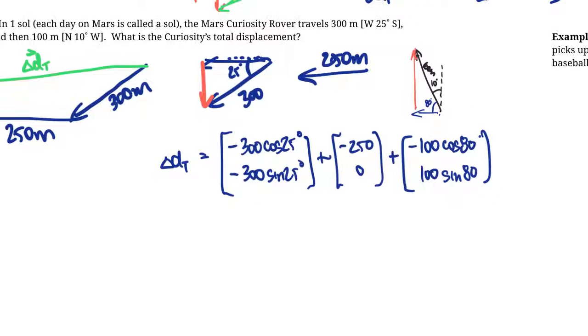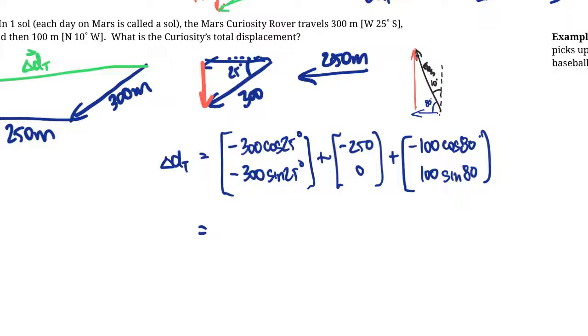The reason I wrote it out like this is because you don't need to calculate these all individually. You don't need to calculate this number separate from this number, and then add up all those sums at the end. If you do that, you end up with a lot of rounding error because you have to round this number and this number.